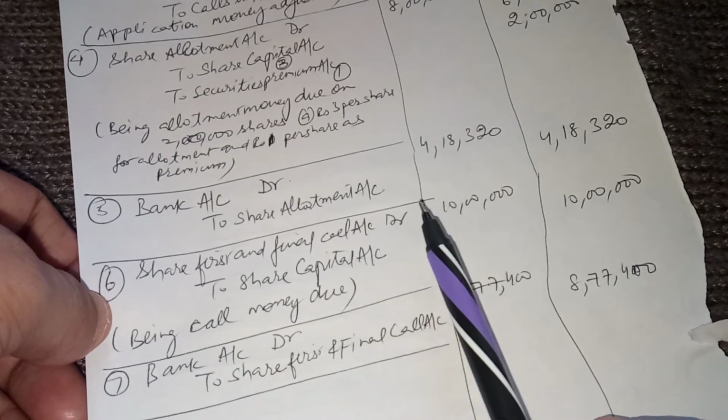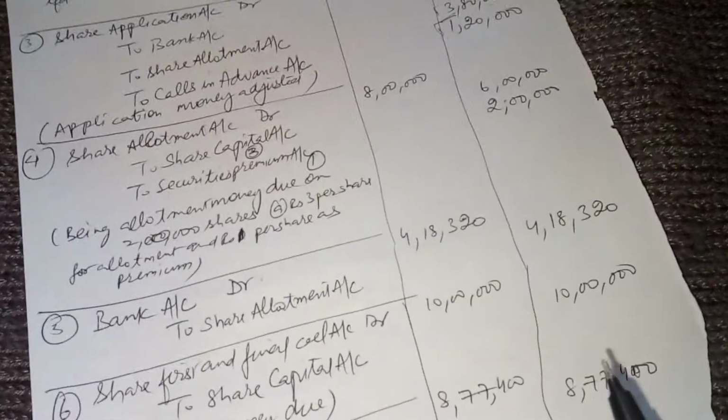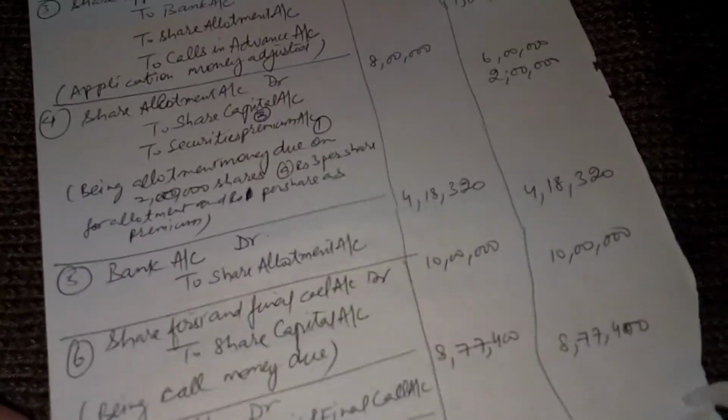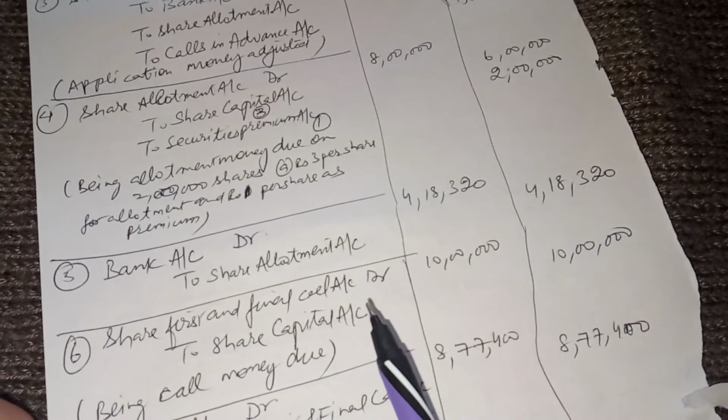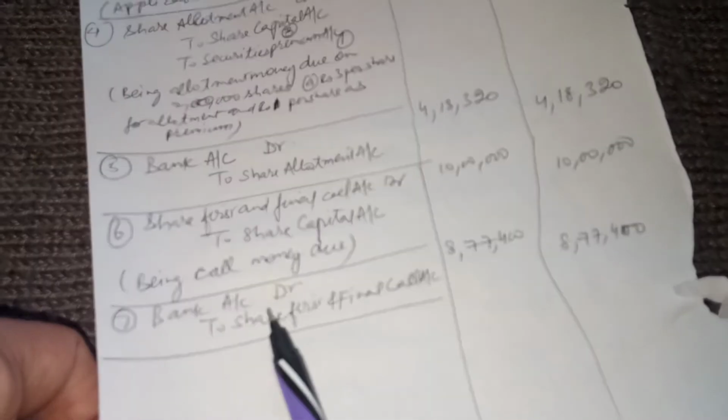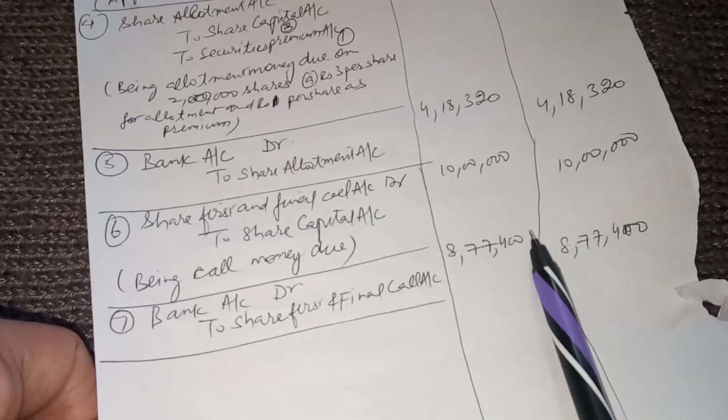Now the first call will be due. Share first and final call account debit to share capital. First and final call is due at rupees 5 per share. So for 2 lakh shares, share first and final call, 2 lakh shares into rupees 5, that is 10 lakh rupees. And then bank to share first and final call. How will we calculate this amount? Let us find.